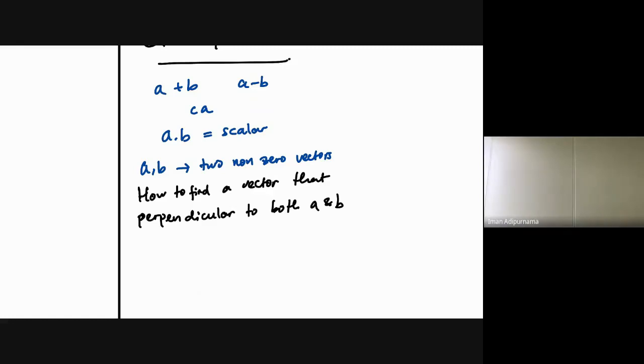Okay? So we can multiply A dot B and we have the scalar product. Okay? But if we have two vectors, A, B, two non-zero vectors, how do we find any vector, like maybe vector C, and we can prove that C is perpendicular to A and B, both of them. So that's why we need the cross product.